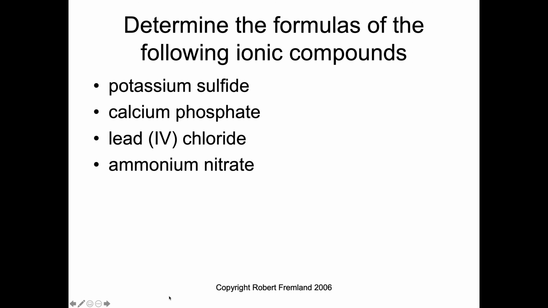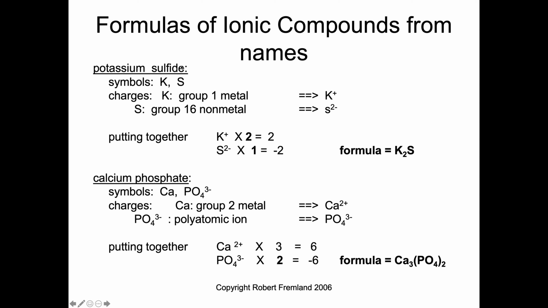Right, so we're at the stage where we're going to write formulas. Potassium sulfide first; we'll do each one separately. The mantra: get the symbols, get the charges, put them together. For potassium sulfide, the symbols are K and S. Potassium is a group 1 metal, so it's a +1. Sulfur is a non-metal in group 16, so its charge is -2.